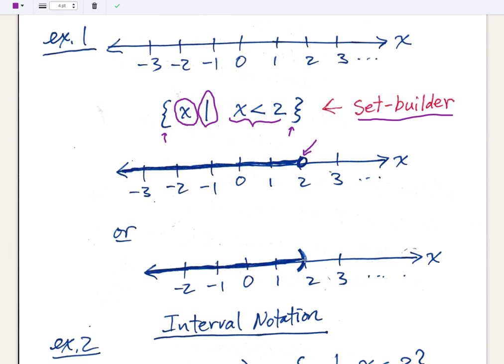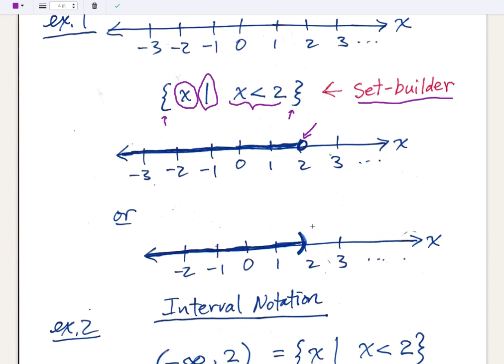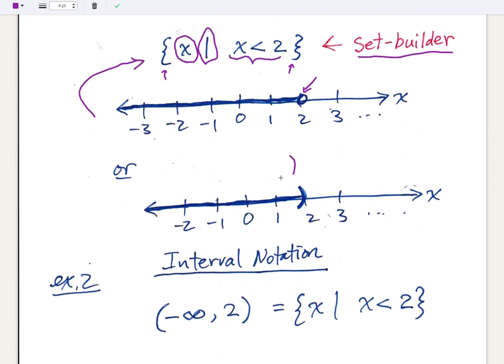Instead of using an open dot at 2, they will use parentheses. These mean exactly the same thing, and they mean the same as that. So we've got set builder notation, and then we've graphed that set on the real number line.